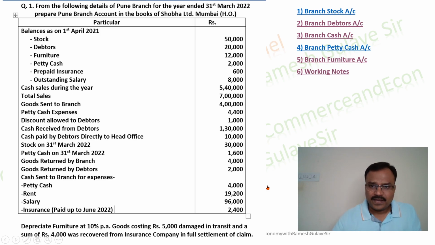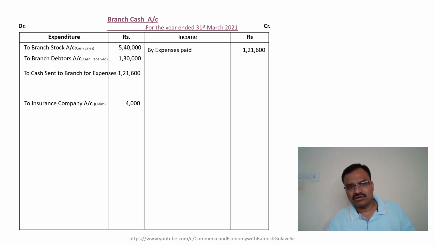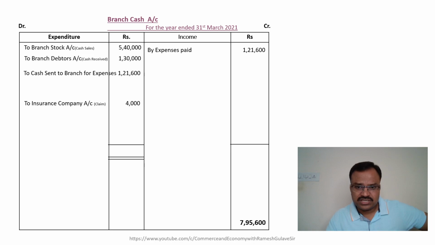Right. So now all the relevant information related to the branch cash account is recorded here. On this basis, we can calculate or find out the amount of closing cash balance. So here, first calculate the total balance of the debit side, because it is greater than the credit side. On the credit side there is only 1 point.